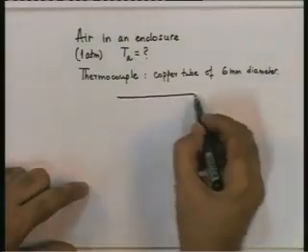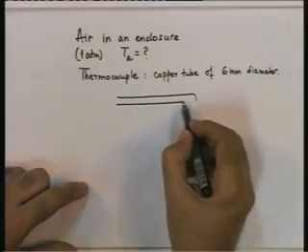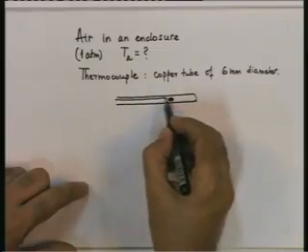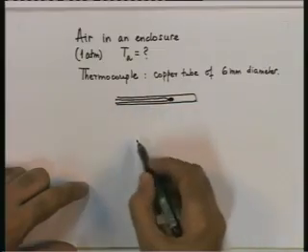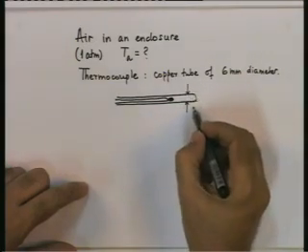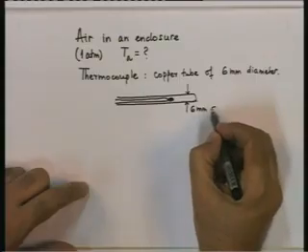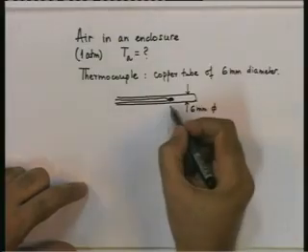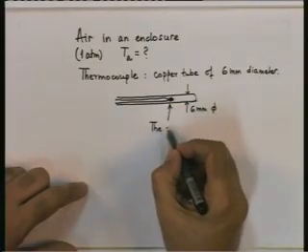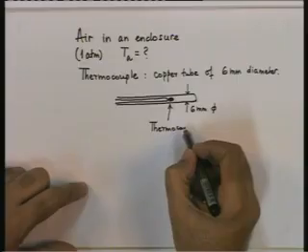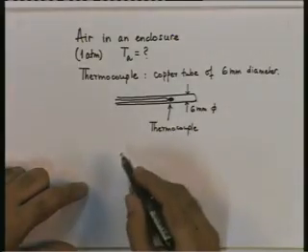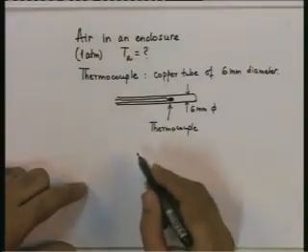So, we have a copper tube. The thermocouple bead is somewhere here. The wires would be taken out, and the diameter of this is 6 mm. This is the thermocouple. This is inserted in the enclosure.